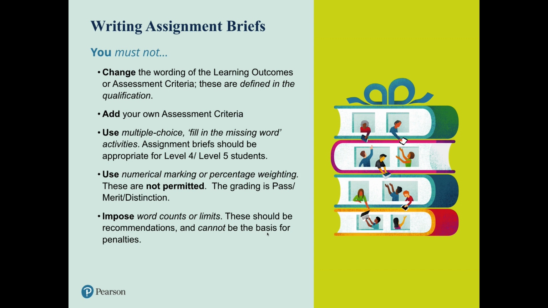If you have a word count and the student gives you substantially less than the word count, that in and of itself is not sufficient reason to fail the student. However, if you've defined a word count that's 1,000 words, the expectation is that the student needs 1,000 words in order to provide you with evidence. If they're only giving you 200, you shouldn't be able to find the evidence for pass, merit, or distinction.